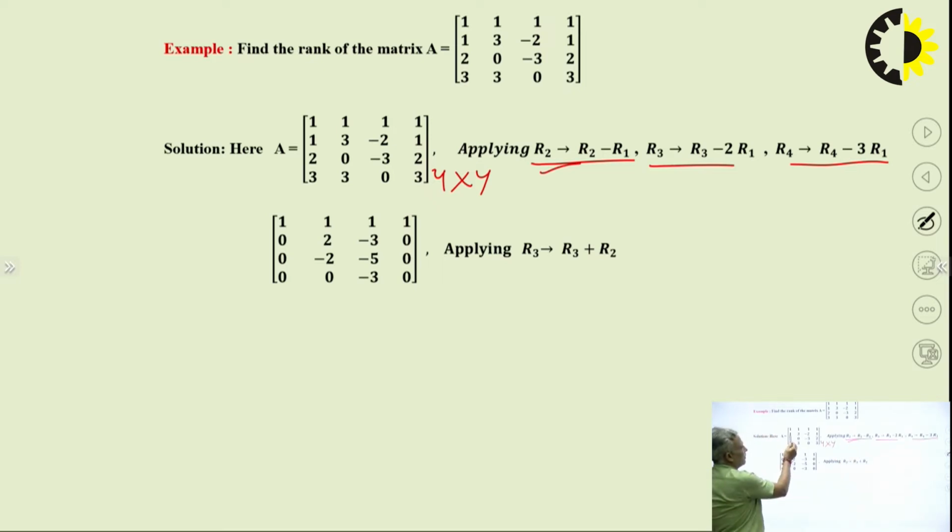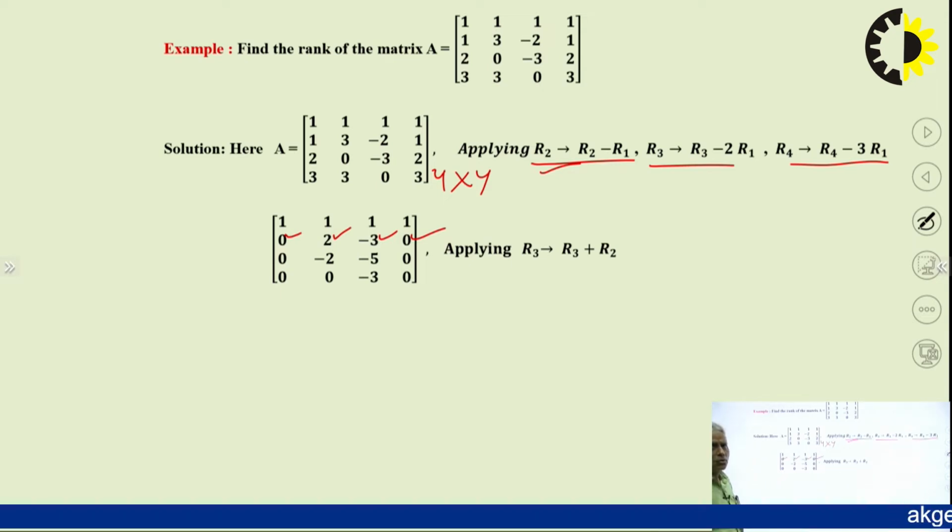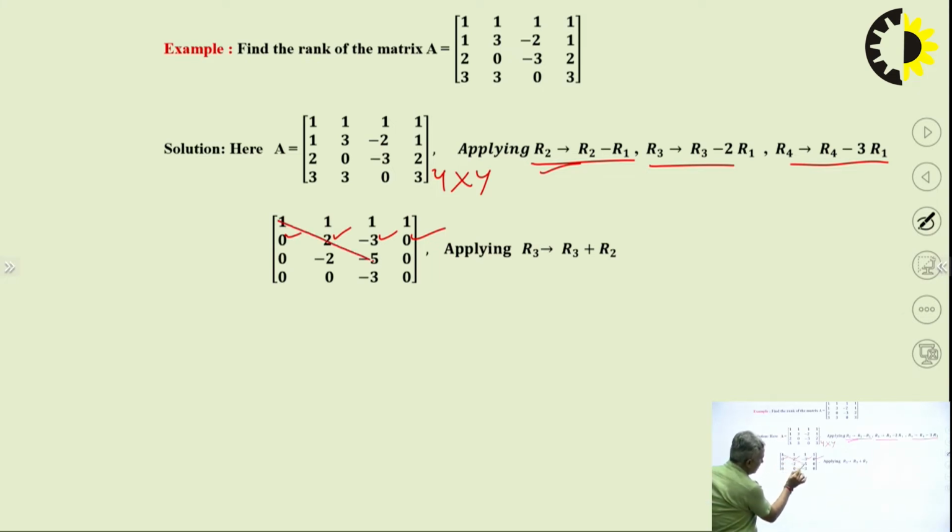So 1 minus 1 is 0 here, 3 minus 1 is 2 here, minus 2 minus 1 is minus 3 here, 1 minus 1 is 0 here. In the same procedure we apply on the third row and on the fourth row. In this way we calculate here. Now our aim is, this is the diagonal element of this matrix, to reduce this element into 0 with the help of R22, the second row.